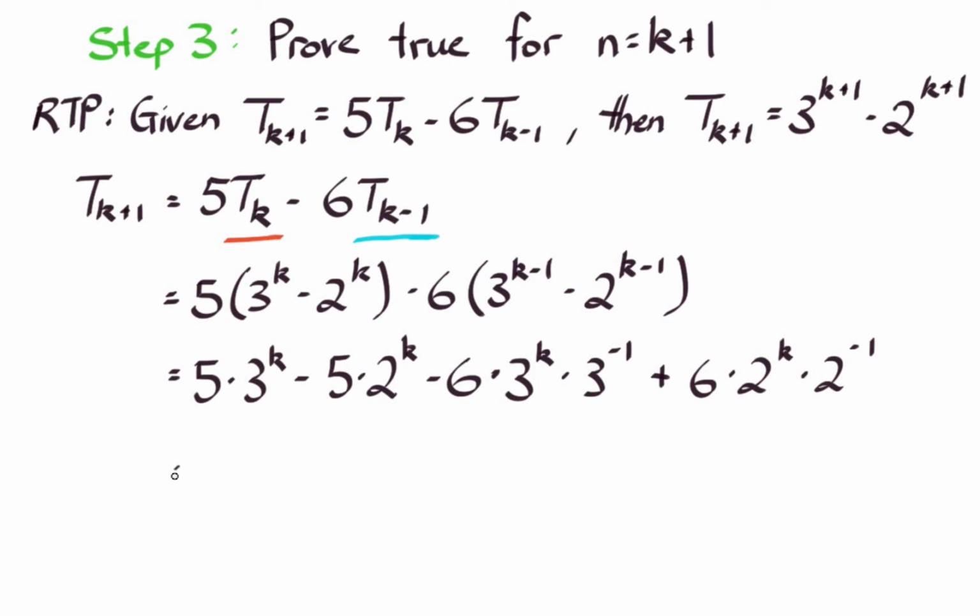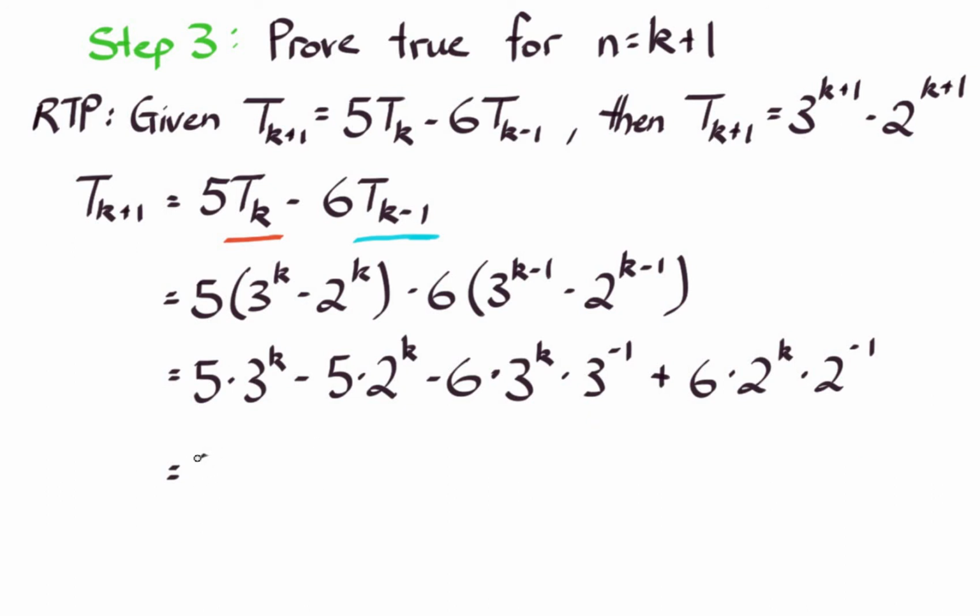But what is 3 to the minus 1? What is 2 to the minus 1? Well, that's equivalent to 1 on 3, and this is equivalent to 1 on 2. So let's have a think about how that would simplify if we think of it in this way.